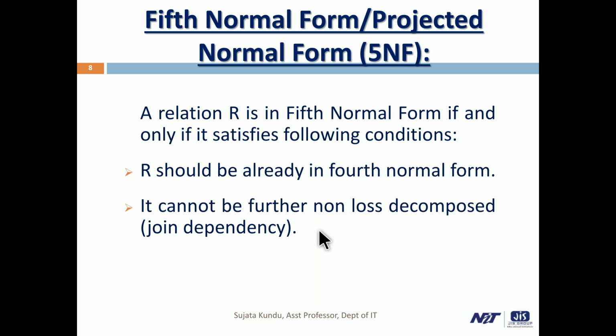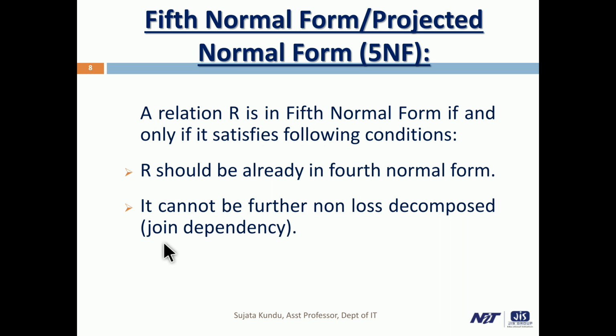A relation R is in fifth normal form if and only if it satisfies the following conditions. R should already be in fourth normal form, and it cannot be further non-loss decomposed, that is it holds join dependency.